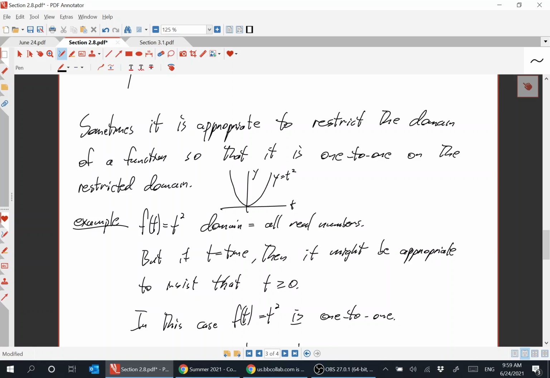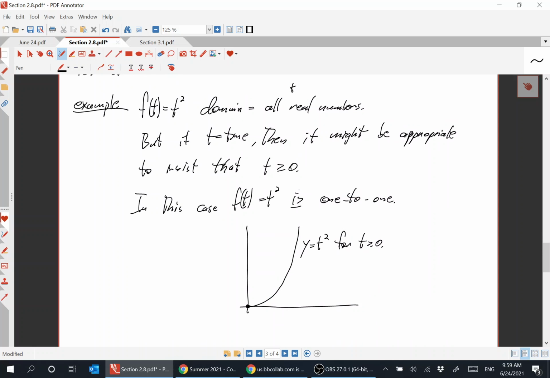And if t represents some real thing, like time in seconds, you probably have a starting time, time 0. So you're only considering the parabola for t greater than 0, in which case you're just getting that part of it. And now it's one-to-one. That passes the horizontal line test because you're not considering the parts where t is negative.